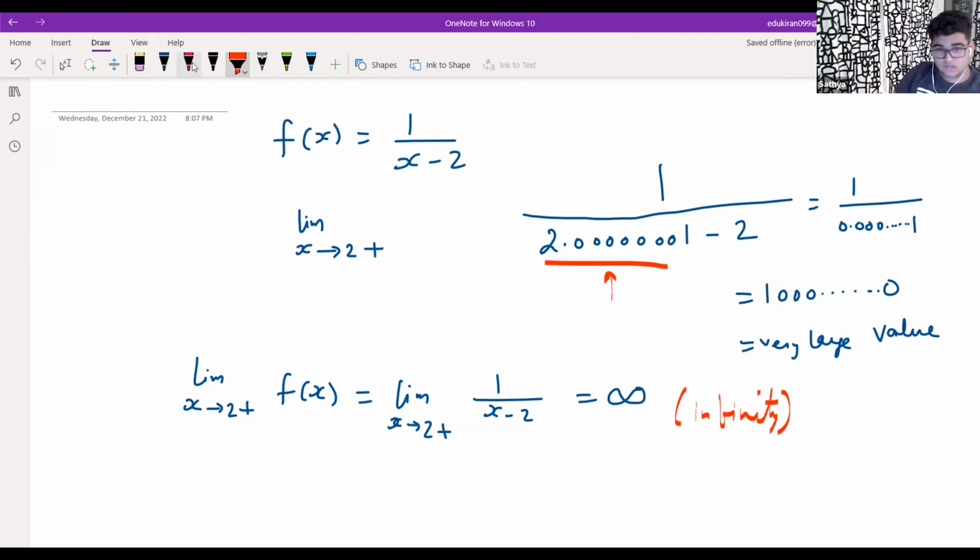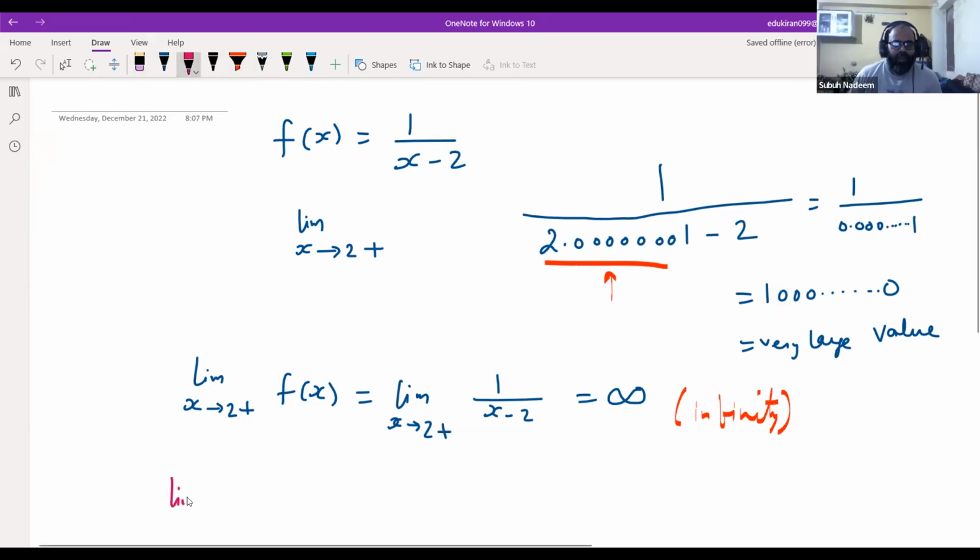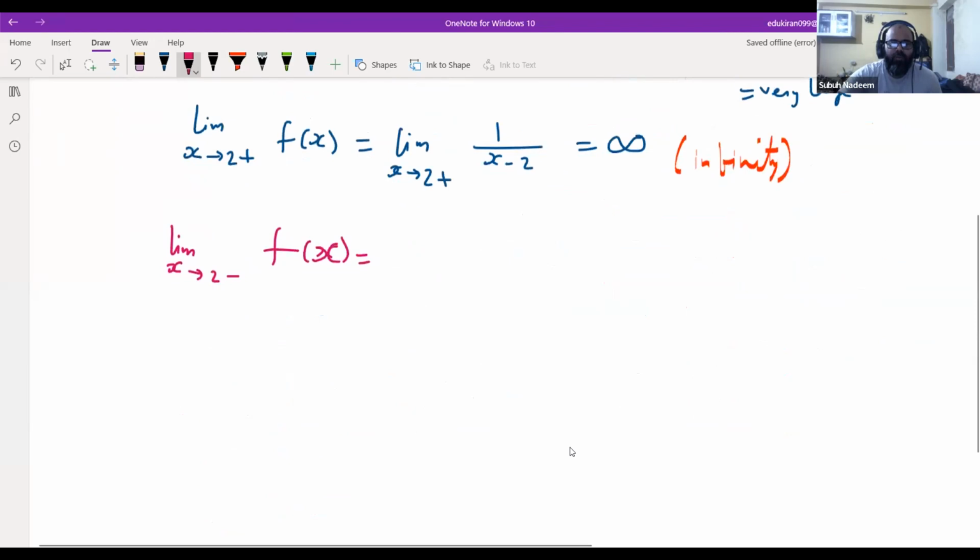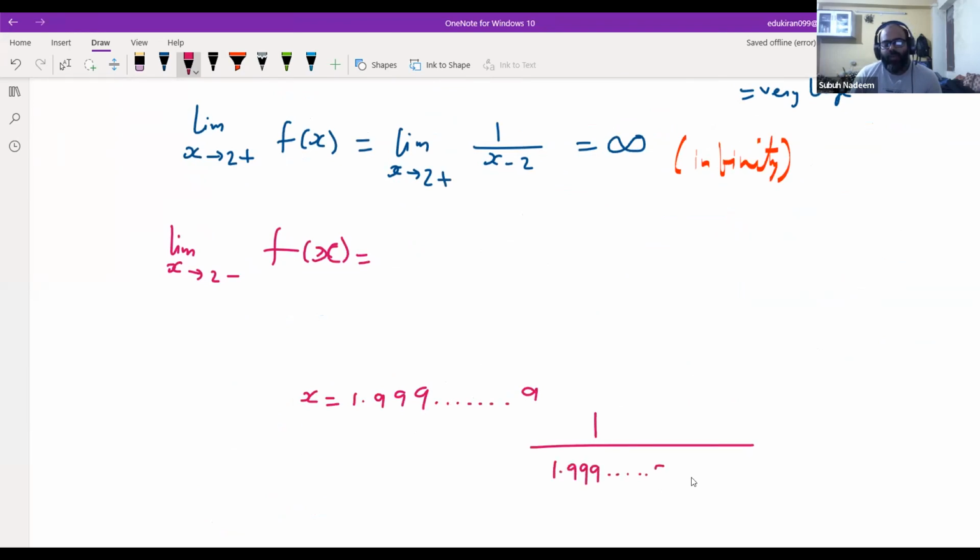Yes, sir. Okay. Similarly, if we talk about limit x approaching 2 minus f(x), here again you are taking a value of x very close to 2, but on the left of 2. So x may be taken as 1.99999. When you take 1 by 1.99999 minus 2, you will get 1 by minus 0.00001, and this will be minus of a very large value.